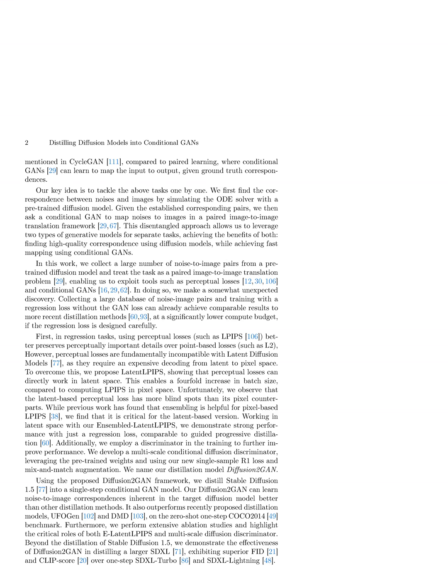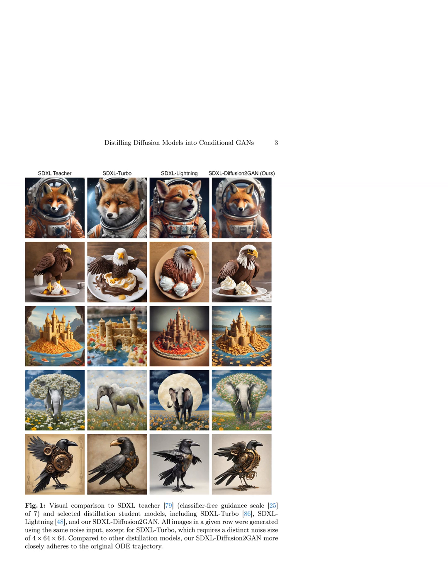Diffusion2GAN demonstrated strong performance with just a regression loss, comparable to guided progressive distillation. By leveraging ensembled latent LPIPS and a multi-scale conditional diffusion discriminator, Diffusion2GAN distilled Stable Diffusion 1.5 effectively, exhibiting superior FID and CLIP score over 1-step SDXL Turbo and SDXL Lightning.